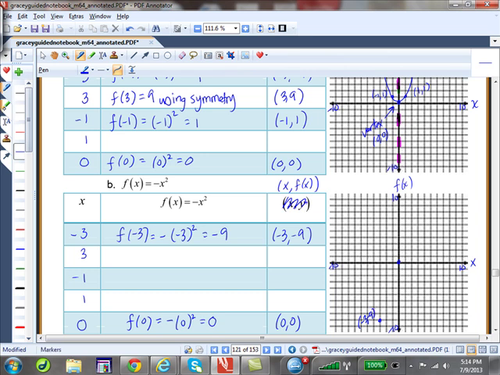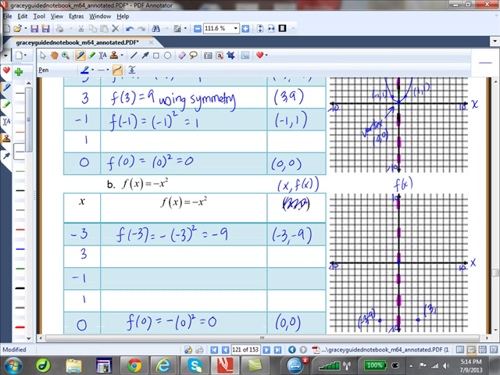So remember that this is our axis of symmetry here, because that's where our vertex is. So where am I going to get another ordered pair using symmetry? Good, I count back to the right, 1, 2, 3 units away from the axis of symmetry. So if I go 1, 2, 3 more, I get another ordered pair.